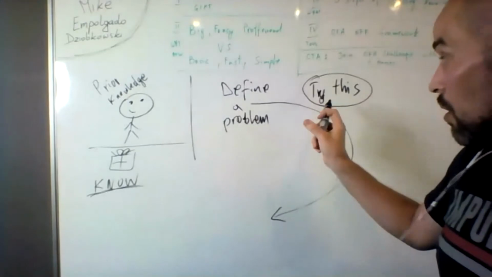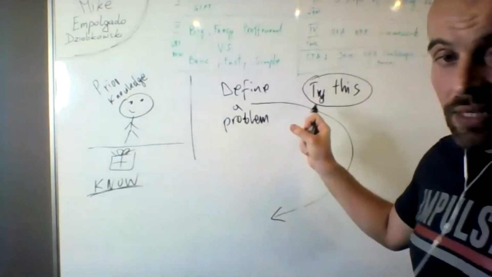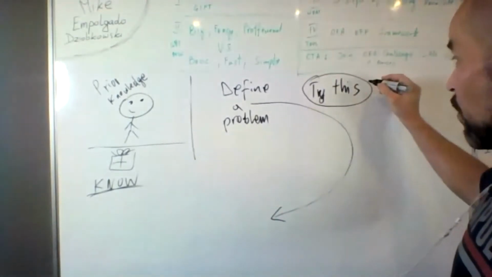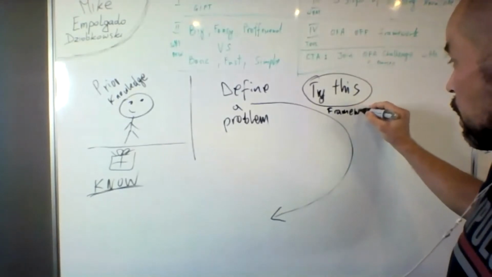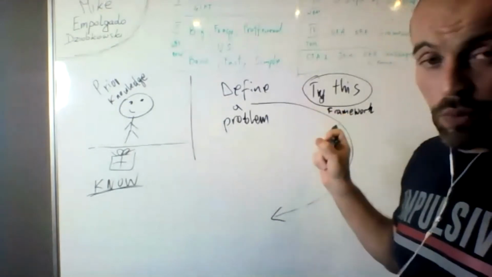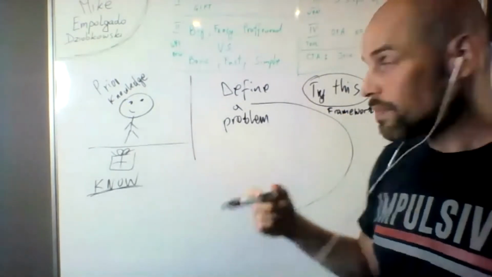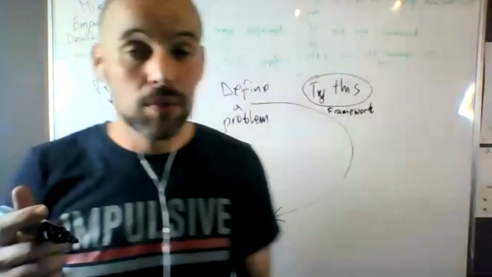Now I'm also going to tell you that in the online world, this is your first framework. So you're giving them a framework here, in other words, steps that you want them to do in order to see what's going to happen. And they go through this framework. Some of them might have some cool results.